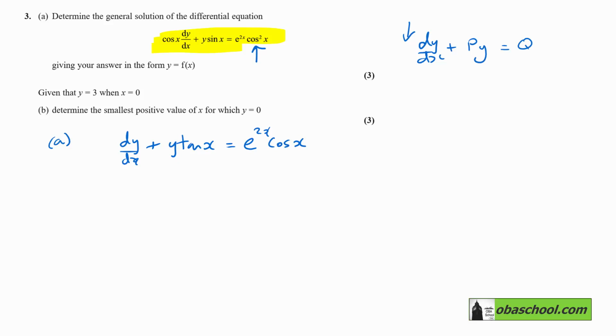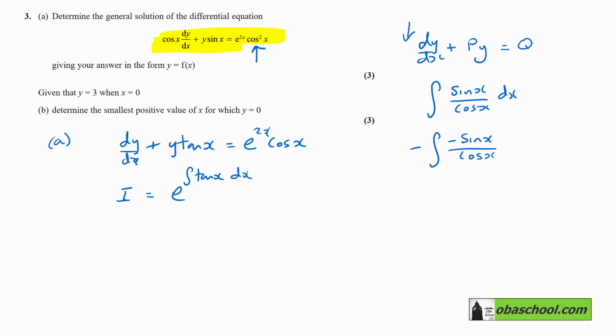Now, if we look for an integrating factor for the left-hand side, that's going to be e to the integral of tan x dx. Now think about the integral of tan x dx. It's the integral of sin x over cos x dx, which you could write as the negative of the integral of negative sin x over cos x dx. And then we have a situation where the top is the differential of the bottom.